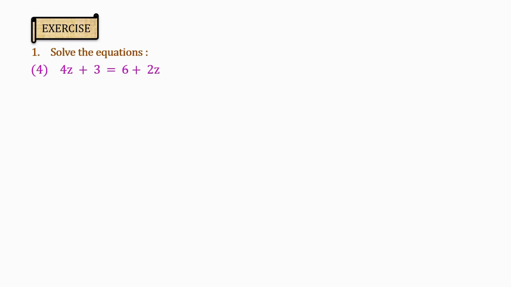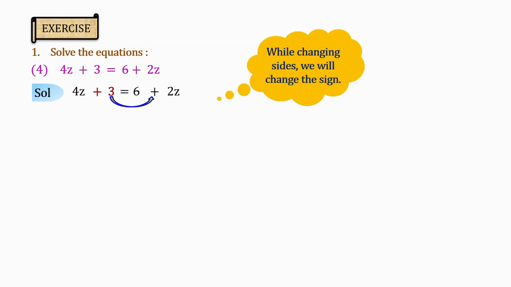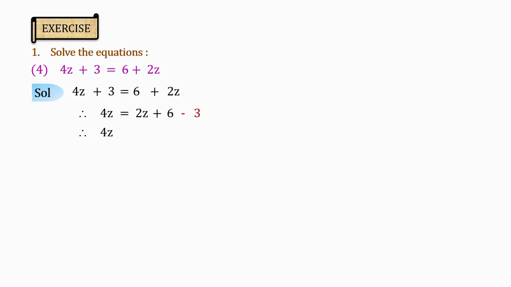Now another problem, 4z plus 3 equal to 6 plus 2z. So same, variables on one side and numbers on the other side. And in this case we are going to shift plus 3 on the other side. And we will change the sign. And now it becomes negative. Now we are going to shift 2z to the other side and we will change the sign.